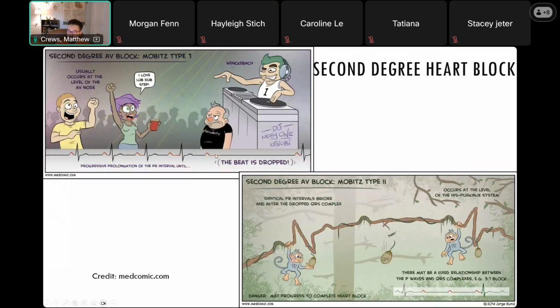So that's second degree heart block. That's a Mobitz type 1. And there's another kind of AV block, it's a little bit further down. It's a similar style, where the QRS is normal, but the PR intervals are not.